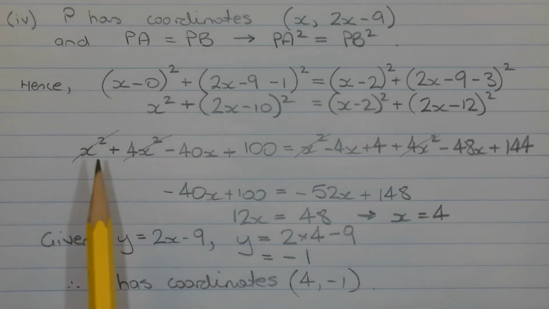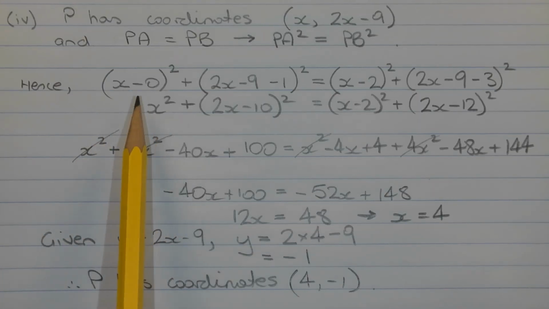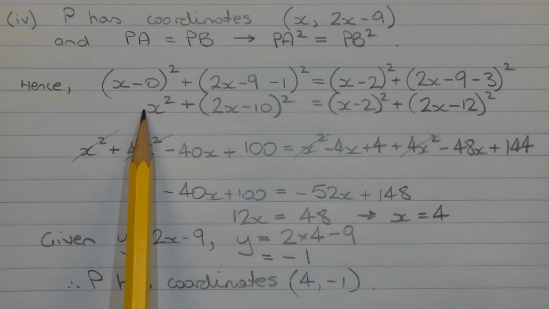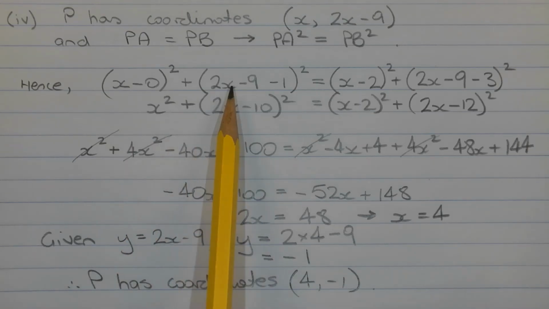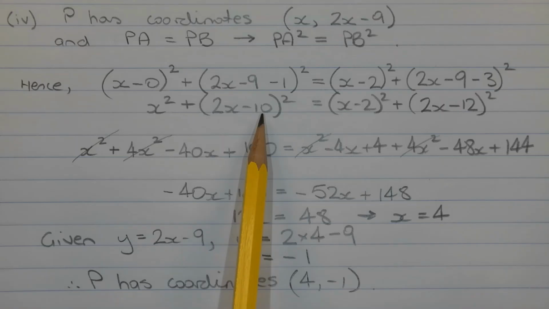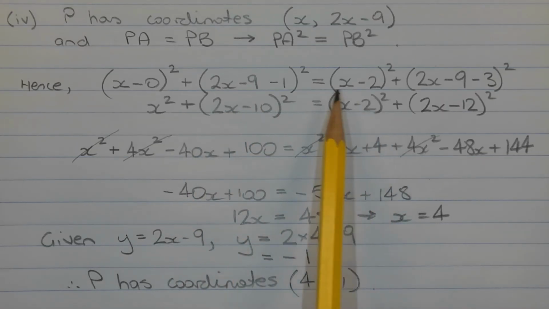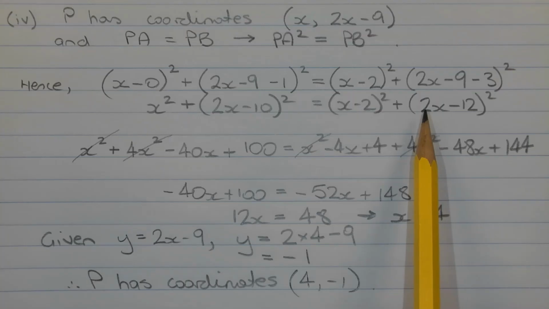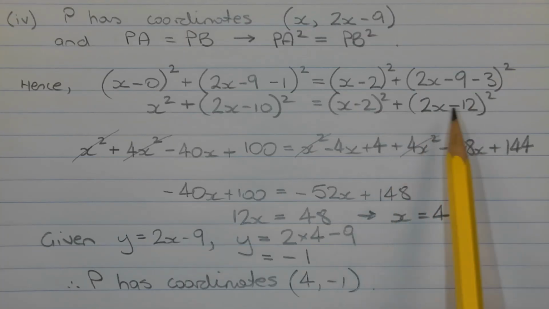Now x minus 0 is x, so (x minus 0) squared simplifies to x squared. 2x minus 9 minus 1 simplifies to 2x minus 10, so we have (2x minus 10) squared is equal to (x minus 2) squared plus (2x minus 12) squared.